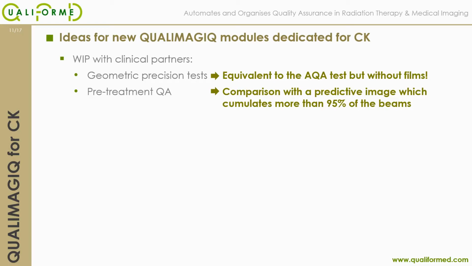We will make a predictive image at another distance and another incidence. We will then accumulate all of the predictive images to yield a global predictive image, which we will compare to a measured image with gamma, chi or delta indexes.